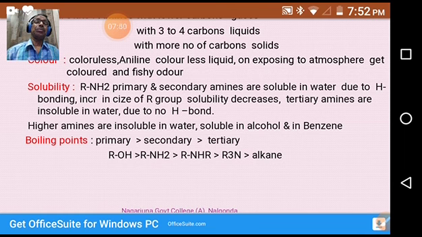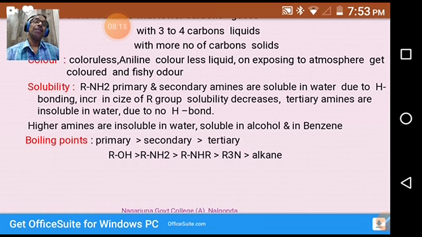Due to this aggregation, more energy is required to break them into the gaseous phase. The boiling point is the temperature required to convert liquid phase into gaseous phase. So primary and secondary amines have intermolecular hydrogen bonding.